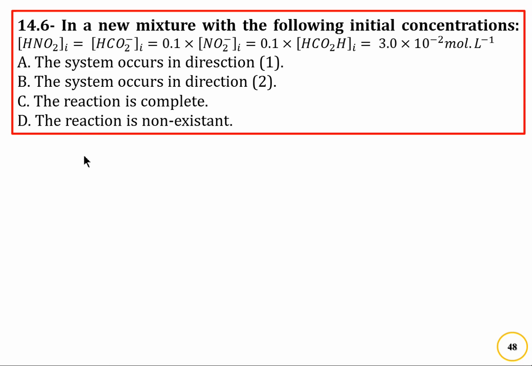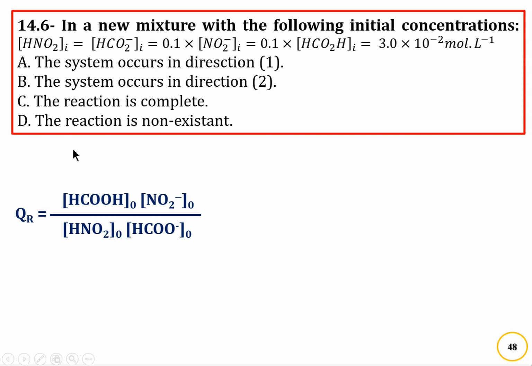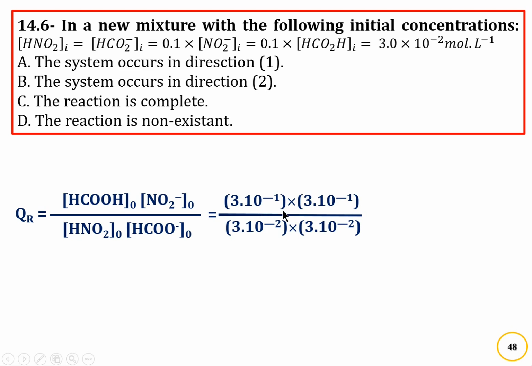To know the advancement or the shift of any reaction, we calculate Q. Q equals the concentration of the products divided by the concentration of the reactants, and this value Q is at t equals 0. So it equals 3 times 10 to the minus 1 times 3 times 10 to the minus 1 divided by HNO2 initial, which is 3 times 10 to the minus 2, times 3 times 10 to the minus 2. So the value of Q equals 10 to the power 2.